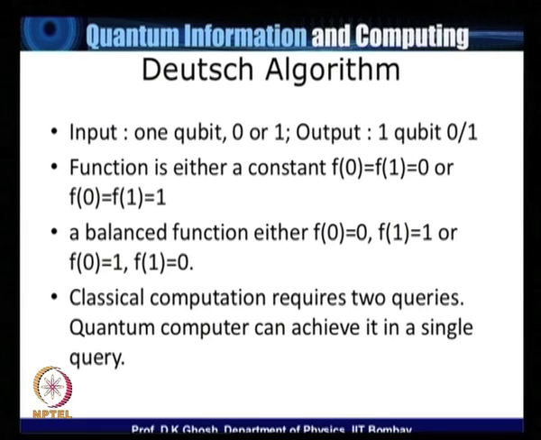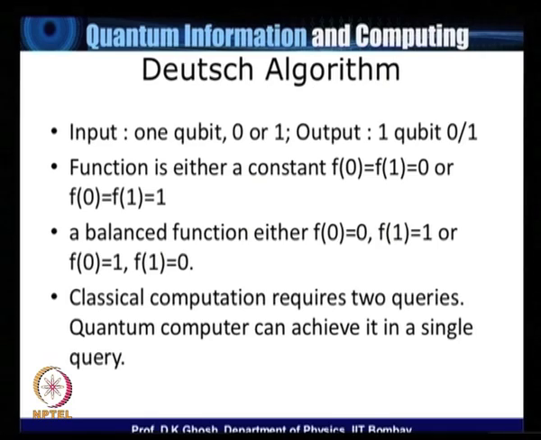The first algorithm that we talk about is a simple algorithm which is known as the Deutsch algorithm, where the input is a 1 qubit state which is either 0 or 1, and the output is also a 1 qubit state which is also either 0 or 1.